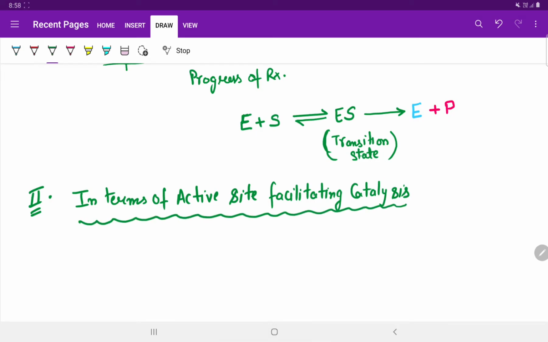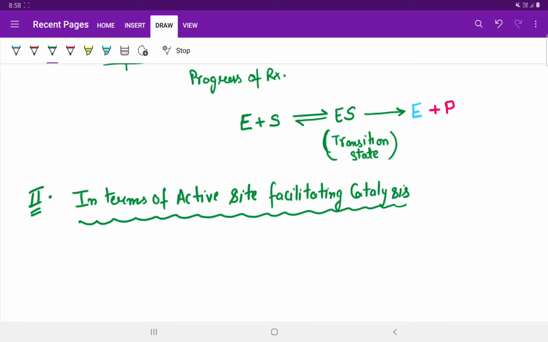So this is our second concept. In order to understand this, we must first understand what an active site is. You all must be familiar with the term active site in order to understand this. So what is an active site?